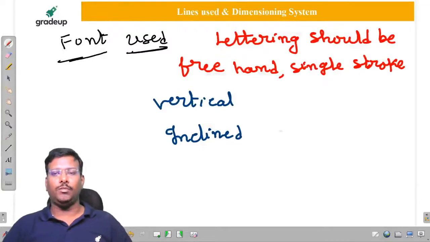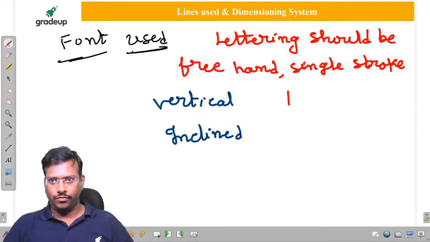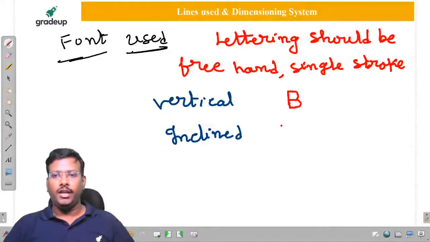Here you have to remember. Let us consider some letter B that I am going to draw. This is vertical.